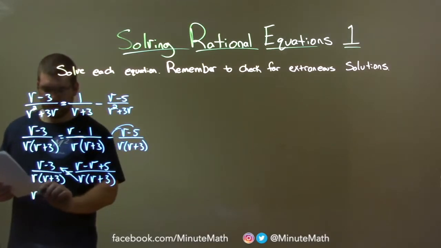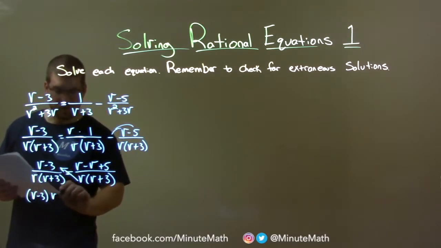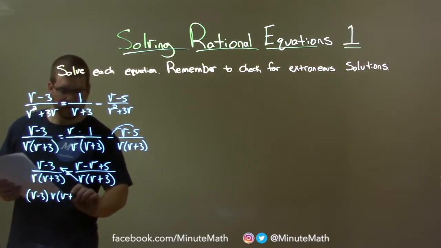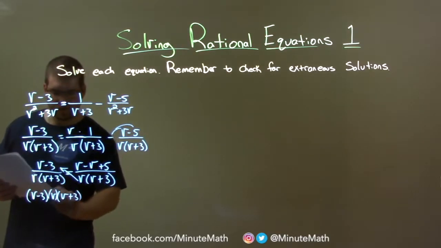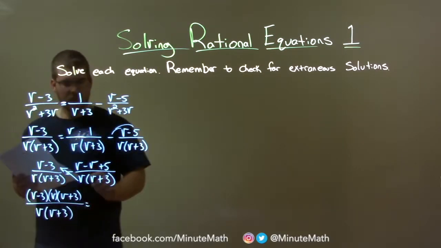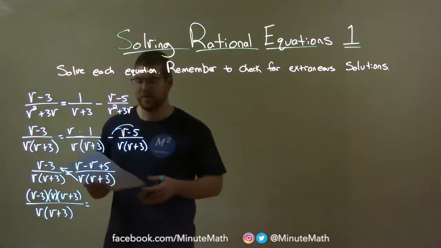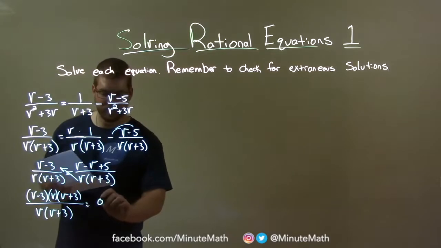So we have v minus 3 here, and don't distribute it yet, or ever actually, times v times v plus 3, and you can put extra parentheses if you want, over v times v plus 3, equals, well, v minus v is just, anything subtracted by itself is 0, so there's 0 plus 5.